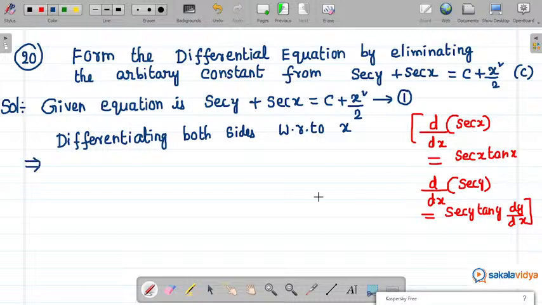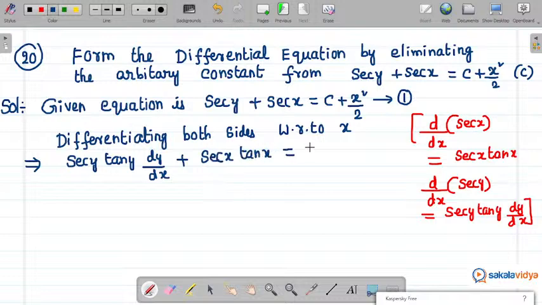Derivative of secant y is nothing but secant y tan y y1, or you can write dy by dx, plus derivative of secant x is secant x tan x, plus c differentiation is 0, plus 1 by 2 into derivative of x square is 2x. 1 by 2 is constant, derivative of x square is 2x.